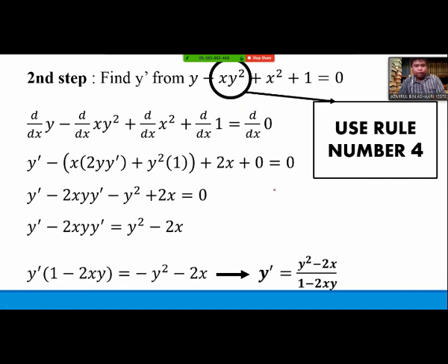Rule number 4 is dy per dx, which is you need to differentiate uv prime plus vu prime. For this case, let's say that this is u and this is v. That's why I put the bracket in here.